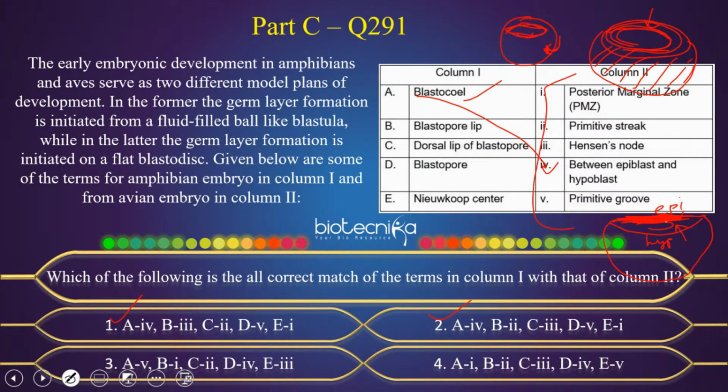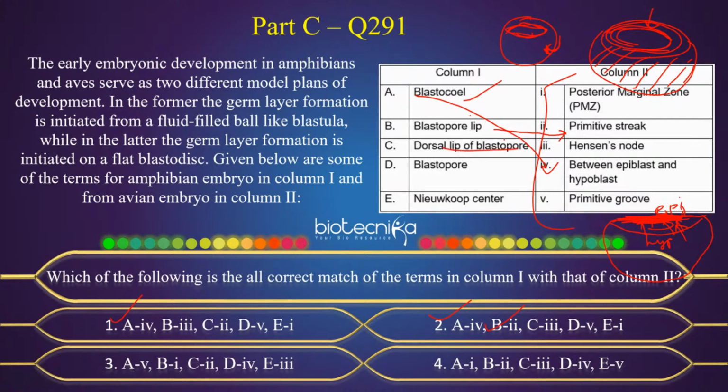Okay, a line is formed, primitive streak. In that primitive streak only the cells will start to migrate, means through that streak, it's an opening, you can say, through that streak the cells will start going inside. So B, blastopore lip, has to be 2. Yes, you got your answer.